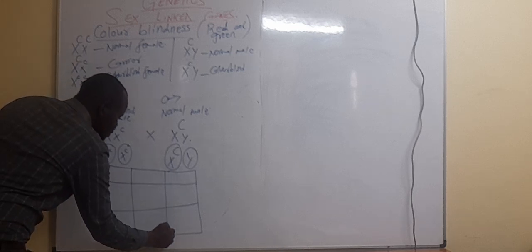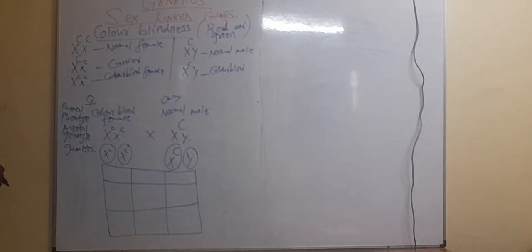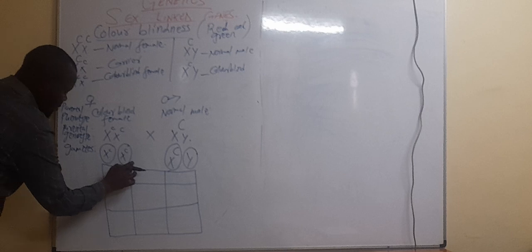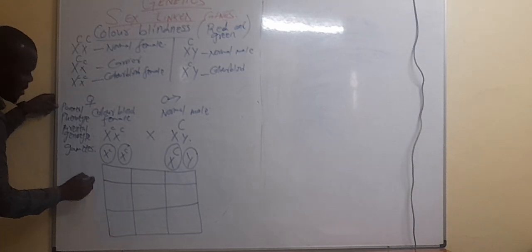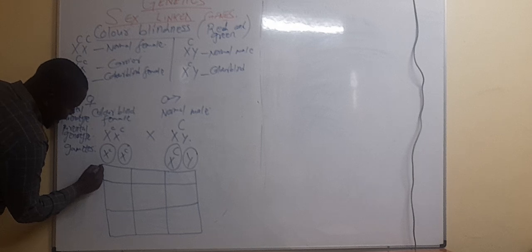That's how we do our Punnett square. The square should be complete. The genetic rules remain the same. There should be no extension and no hanging line. This is how you divide the gamete line.